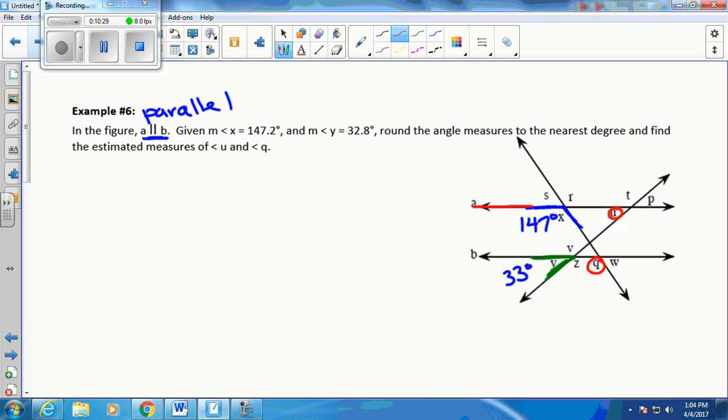So these lines right here, A and B, are the ones that they are telling us are parallel. We now have two transversals cutting these parallel lines. So I'm going to highlight these in different colors. So this one here, if I look at that transversal and I look at Q, I'm going to see that Q is on the left side of that yellow line, and it's below the transversal.